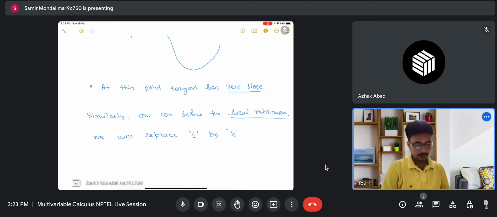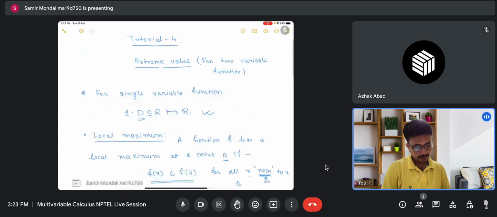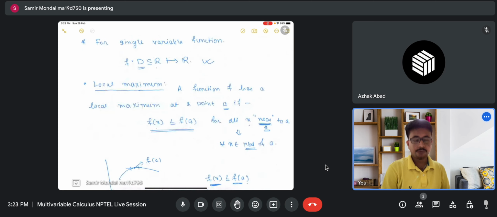For local maxima it was that f of x was less equal to f of a for all x belonging to a neighborhood of a. So for minima we replace this less equal to sign by greater equal to sign, meaning all functional values in the neighborhood of a should be greater equal to the functional value at the point a. At that time we'll say that f has a local minima at that point.